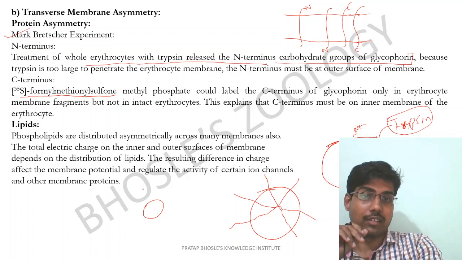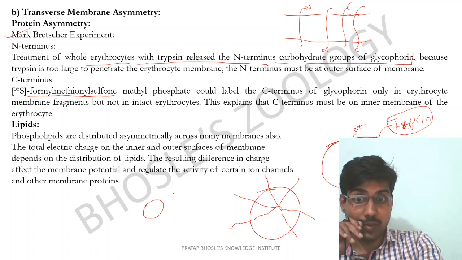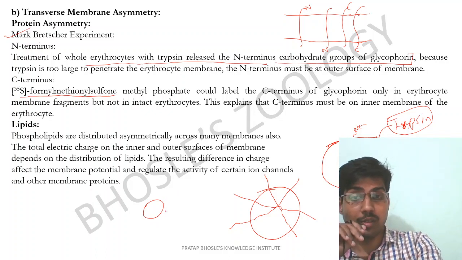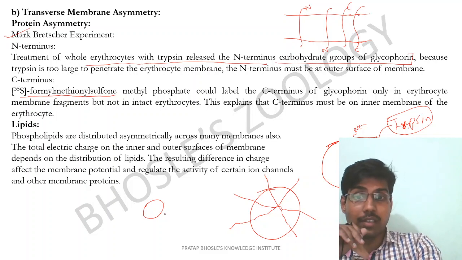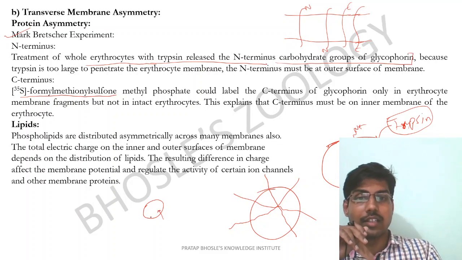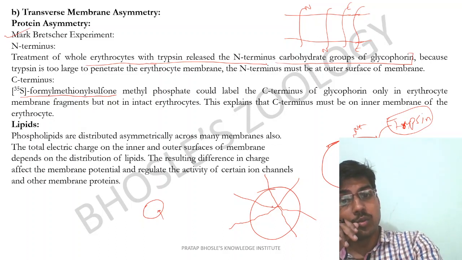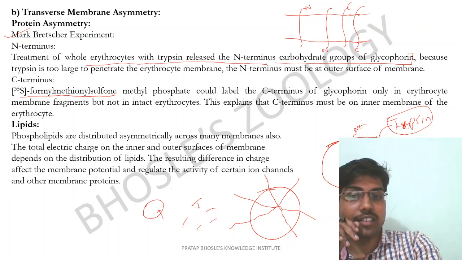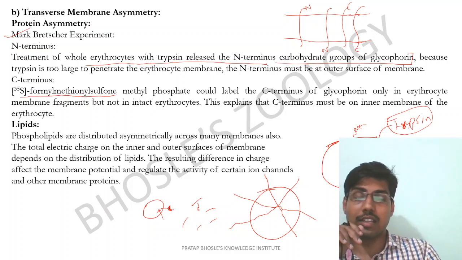So he concluded that if it is not able to label the entire erythrocyte, and is only able to label these fragments, that means the C terminus must be inside, right? Because if it were outside, it could label the intact erythrocyte also.